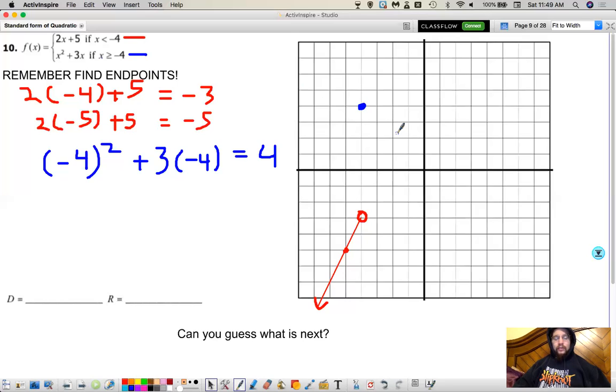After that, you must find your vertex. You got to. No exceptions. You need the vertex so you know where to go up and change your increasing and decreasing, where your turning point is. So -3 over 2 times 1, that's -3 halves. Plug that in.